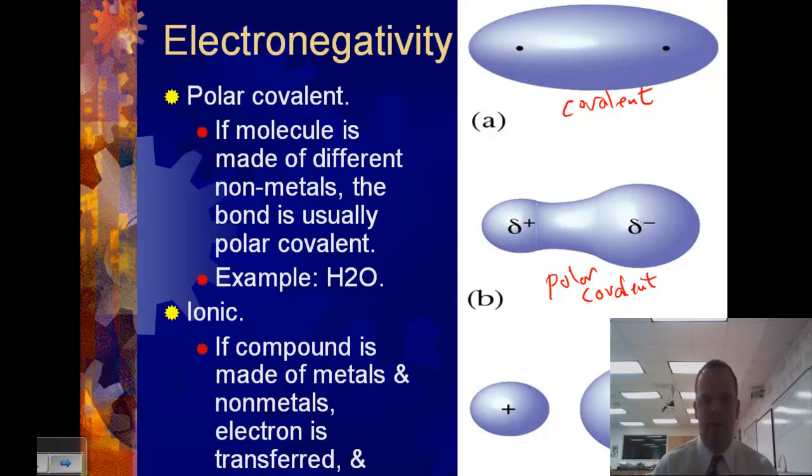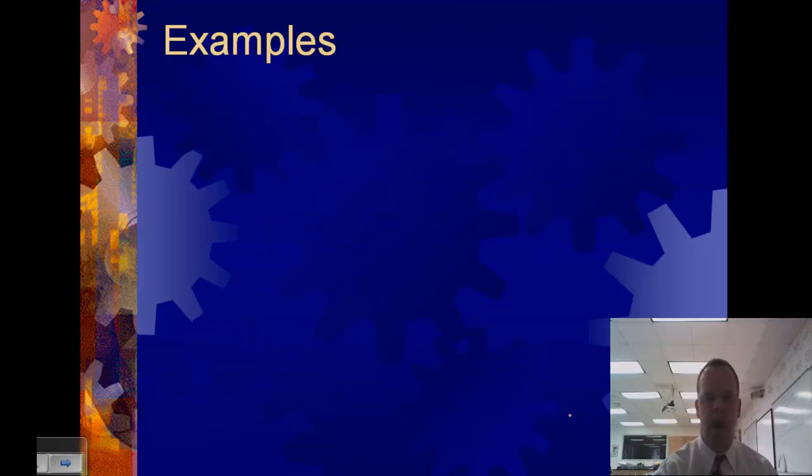In this case, the atom here on the right would be more electronegative, and the atom on the left would be less. And then this last case is where we have ionic. Here we have a more electronegative element taking the electron to form a larger orbital, and the less electronegative element losing the electron, so it becomes positive, this one becomes negative, and they're held together by that electrostatic attraction.